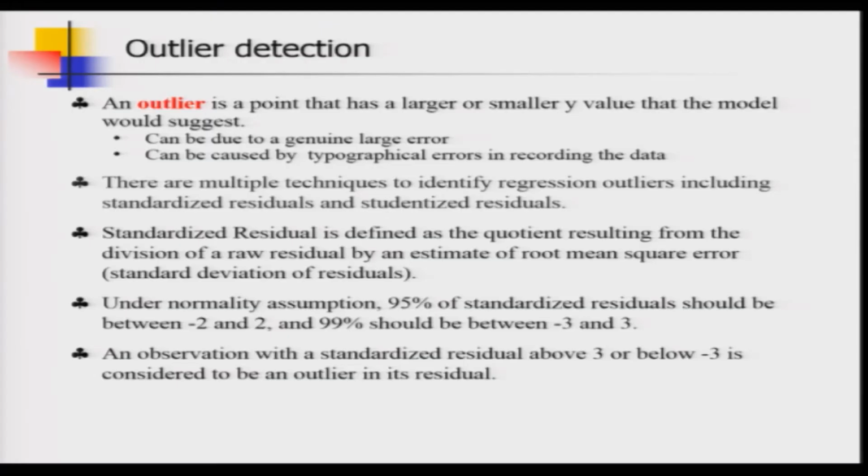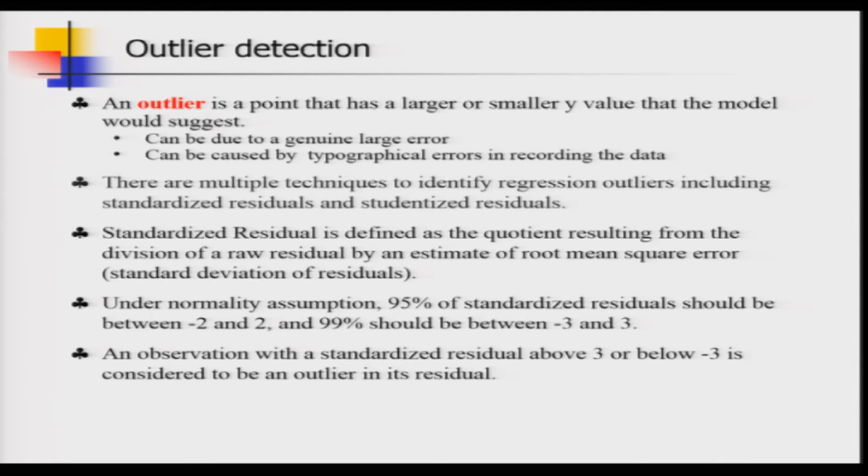In this course we are going to focus on the standardized residual as the measure for outlier detection, and this is defined as the quotient resulting from dividing the raw value of the residual by an estimate of the root mean square error, that is basically the standard deviation of residuals. Once you have generated the values of residuals, that is basically a variable, so you can also compute the standard deviation of that variable. That is basically the root mean square error.